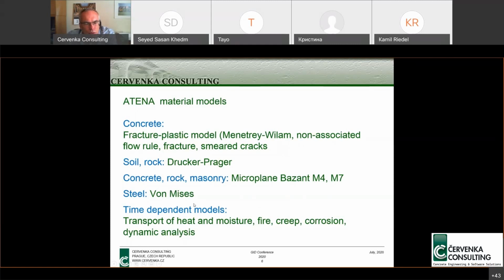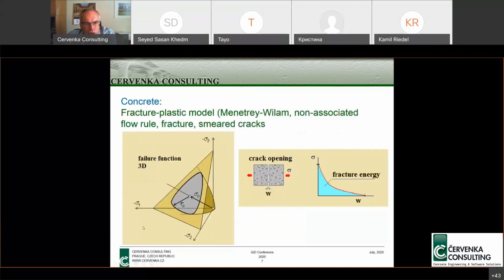And we also have time-dependent models for heat and moisture transport, for fire analysis, creep. Now this corrosion model is available, and dynamic analysis. Short summary of the basics of the material model.